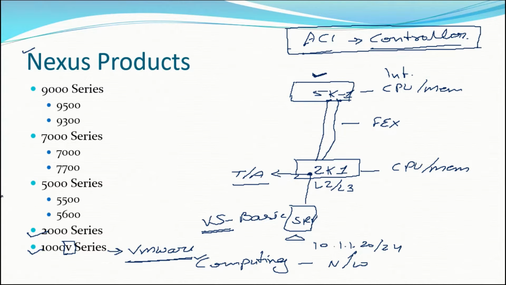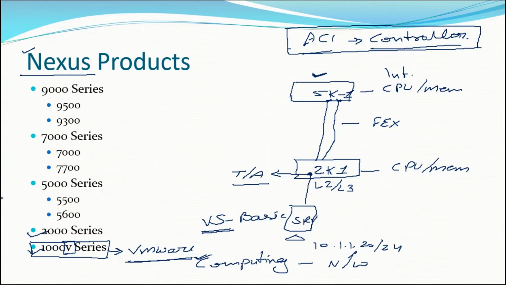We are giving you another switch, the 1000V switch. This switch has all the Nexus features which we are going to use here. So the entire switch functionality you will get in your VMware computing environment.